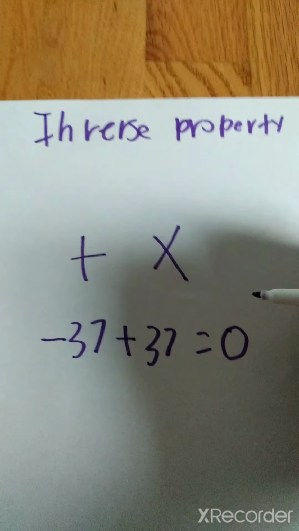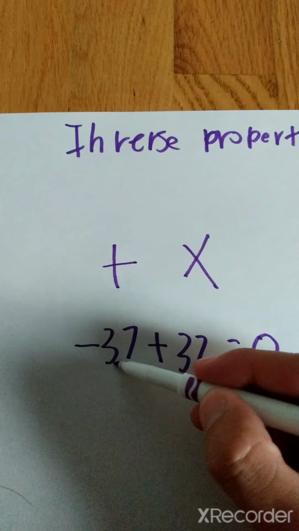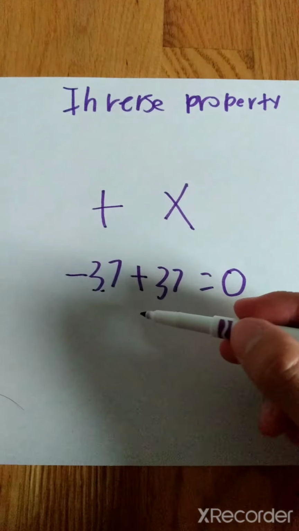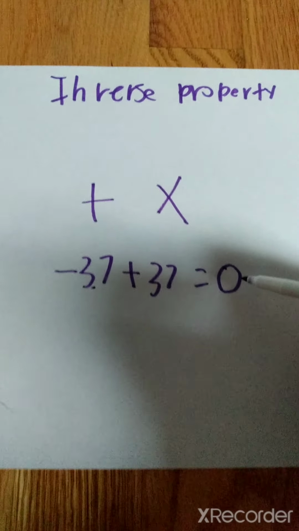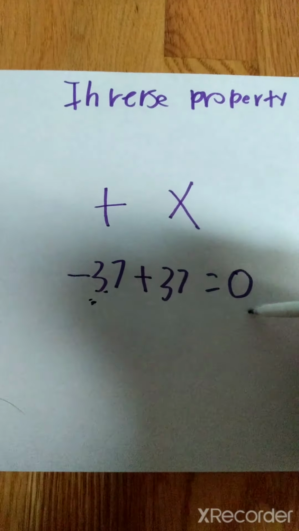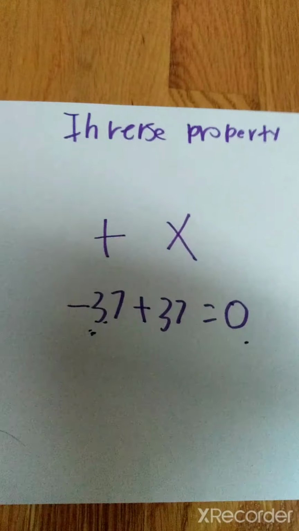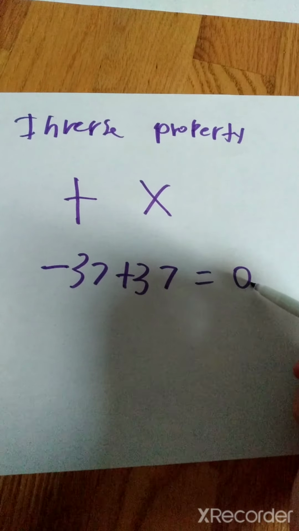That's the inverse property, because in order to get from the number to 0, you're going to have to add or subtract to get to 0. Like, if you're at negative 37 and you want to get to 0, you have to add 37 to get to 0. So pretty much, you're adding the opposite to get to 0.